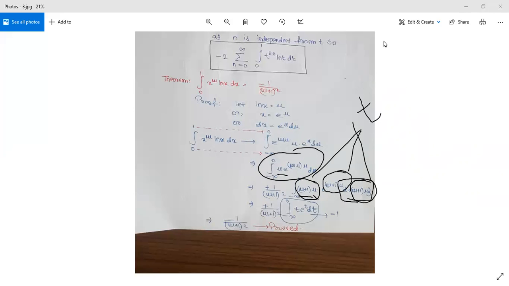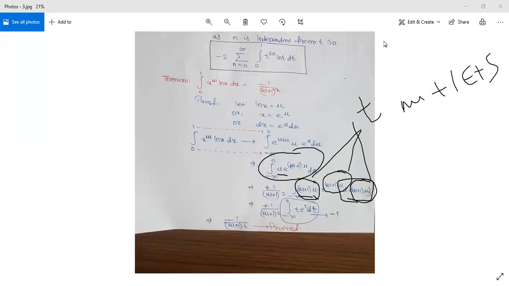So it will be 1 divided by (m plus 1) whole squared, integration from minus infinity to 0 of t into e to the power of t dt. And the limits of integration will not change. It will still be minus infinity and 0, because m plus 1 is just a positive scalar quantity.